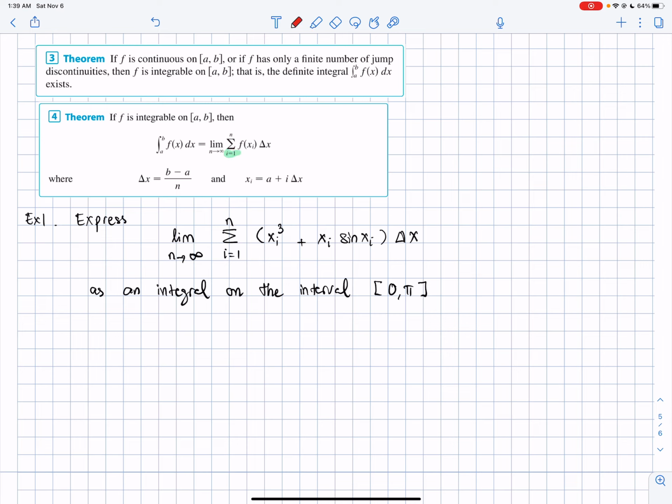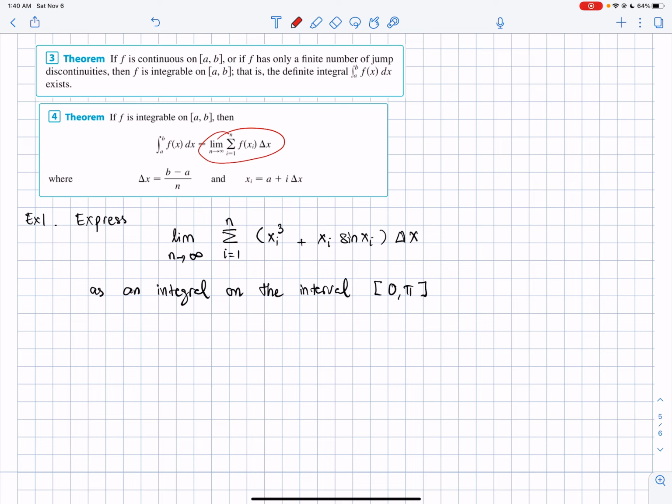You remember that we define a as x0, and if you plug in i equal to 1, then you get x1. So they are using the right endpoint in this theorem. However, we can change it to the left endpoint if we want, because it doesn't matter which point we use for the rectangle to calculate the height; we will get the same answer anyway if we take the limit.